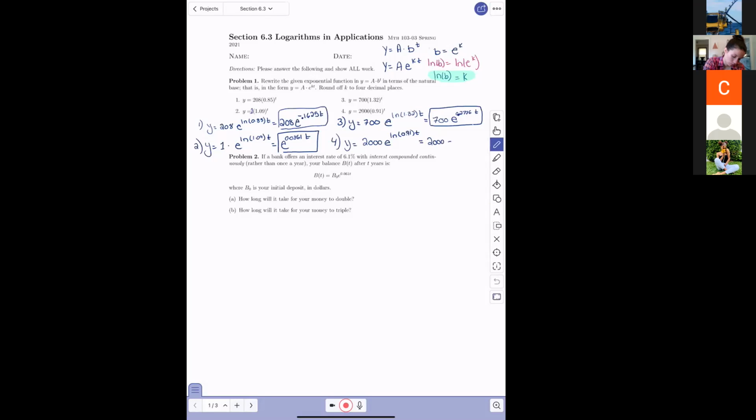Negative 0.0943. Good. So the final answer is 2000 times e to the power of negative 0.0943 times t. Any questions on that first problem there?